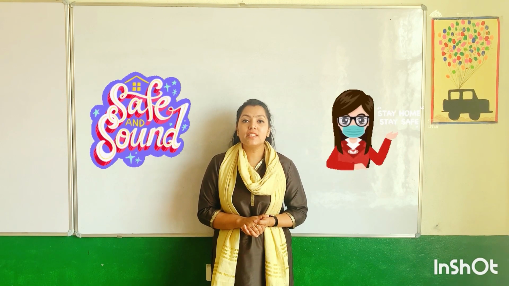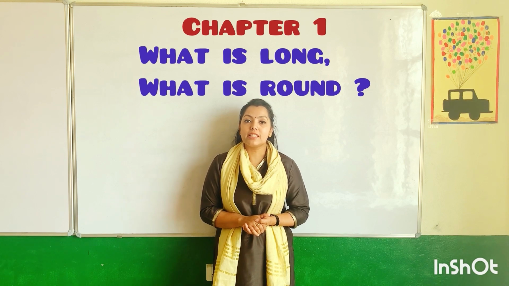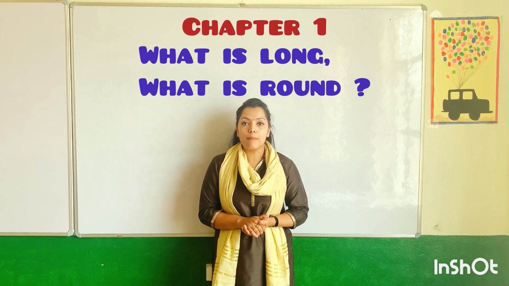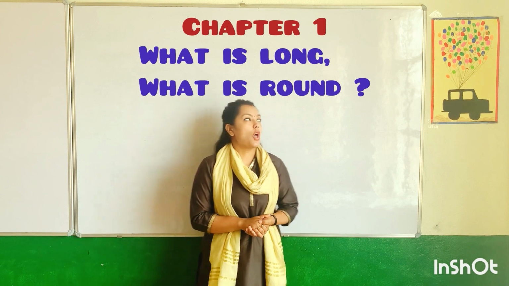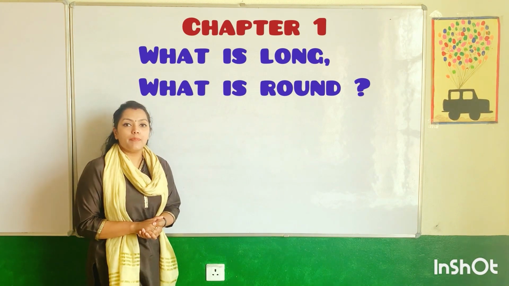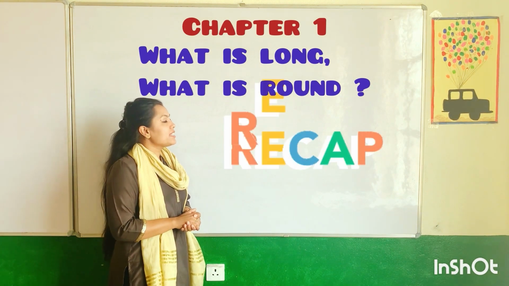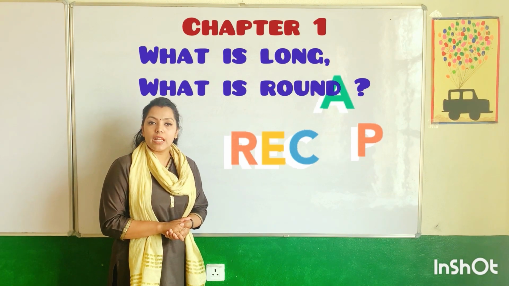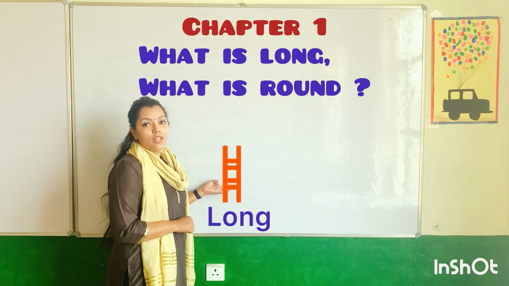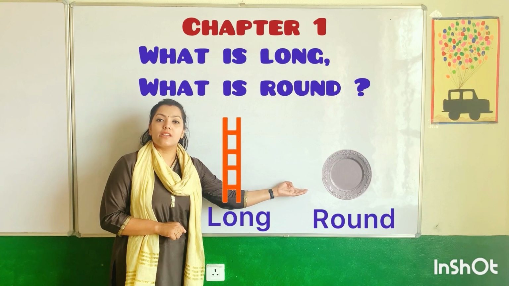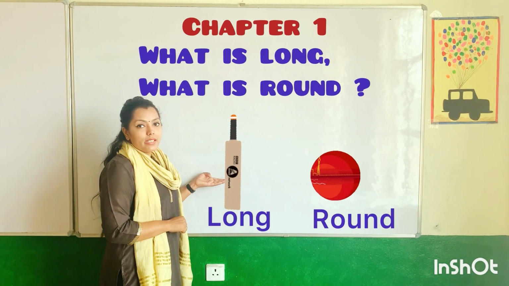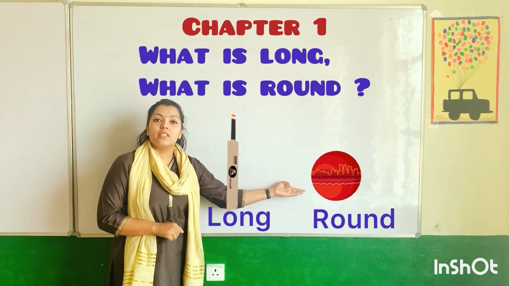So students, as we have already started our chapter number 1, what is long and what is round in our previous class. So let's take a quick revision of it. The ladder is long, the plate is round, the bat is long, the ball is round.